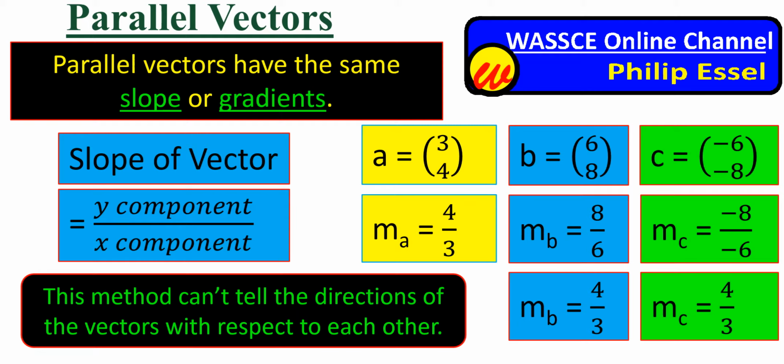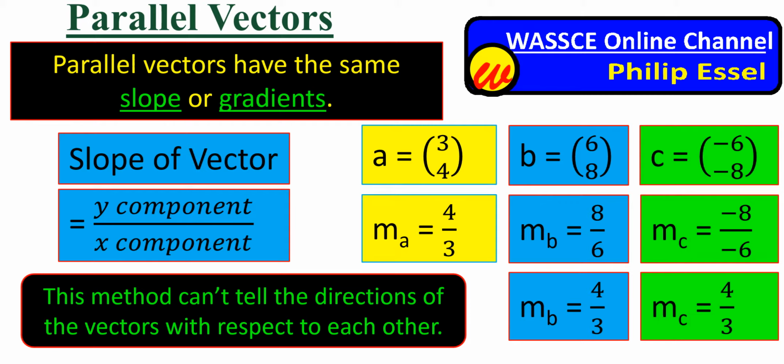But I will still advise that you use this method to determine whether two or more vectors are parallel or not, especially if the question you are solving does not demand that you determine the directions of the vectors involved. The reason is this method is the easiest.